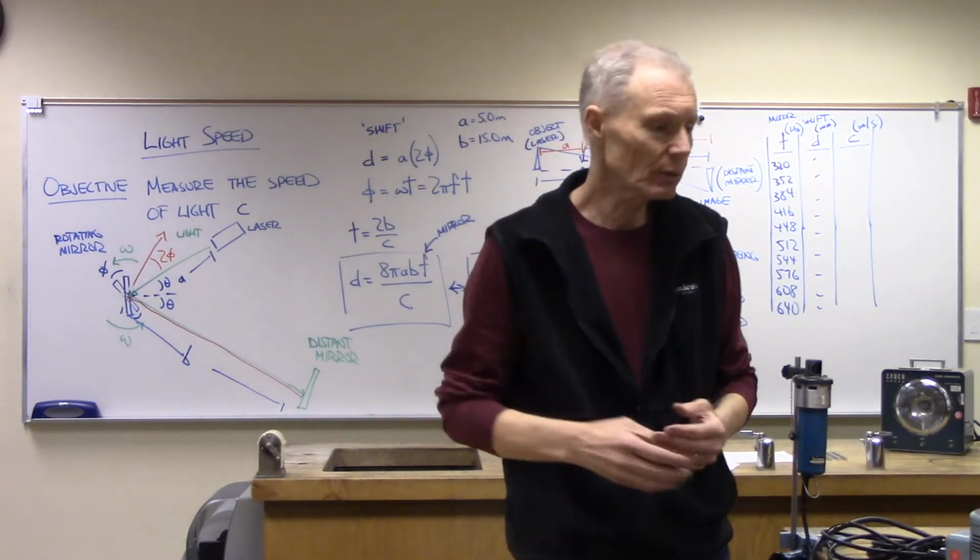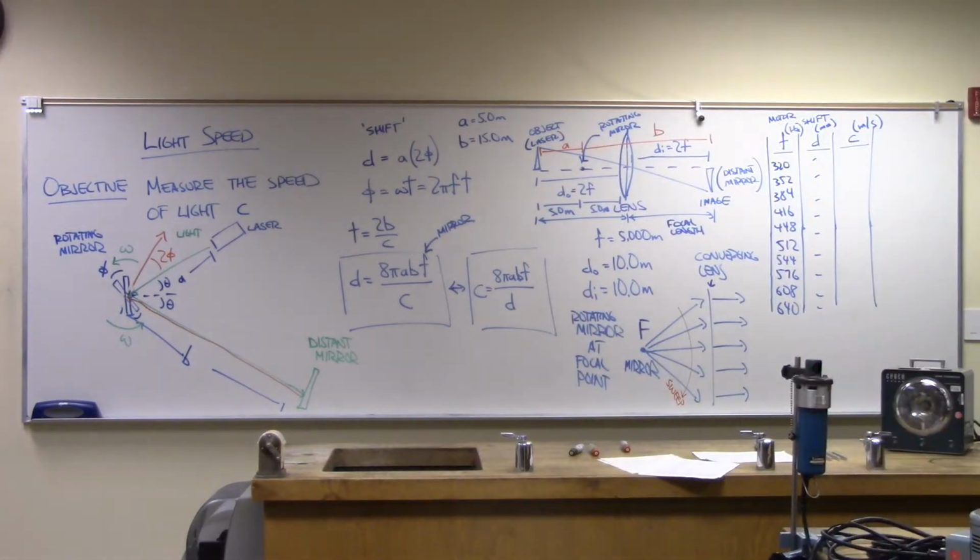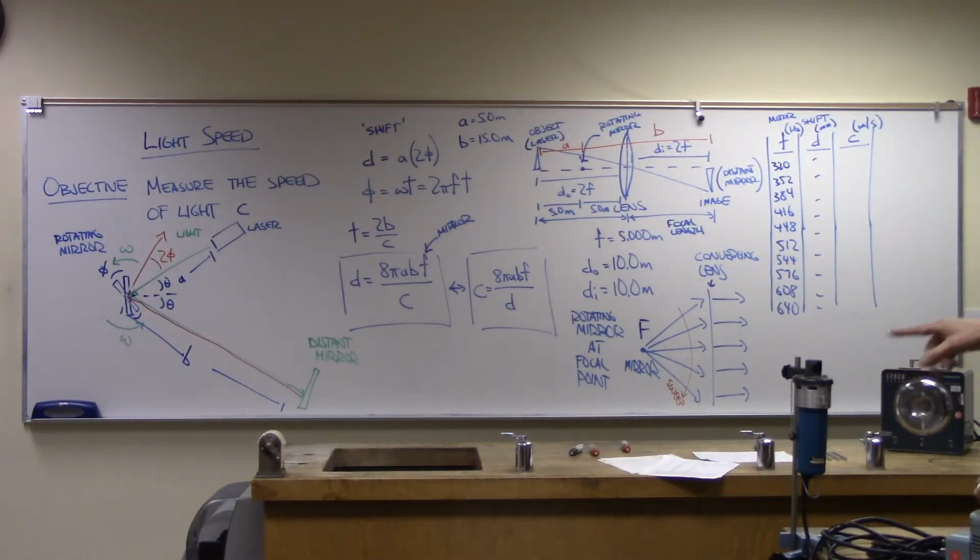But what I've done several times over the years is I've taken the strobe light and little by little, I turn up the speed of the mirror. And when the strobe light frequency matches the mirror frequency, it makes the mirror look like it's standing still. So I can start at no rotational speed at all.